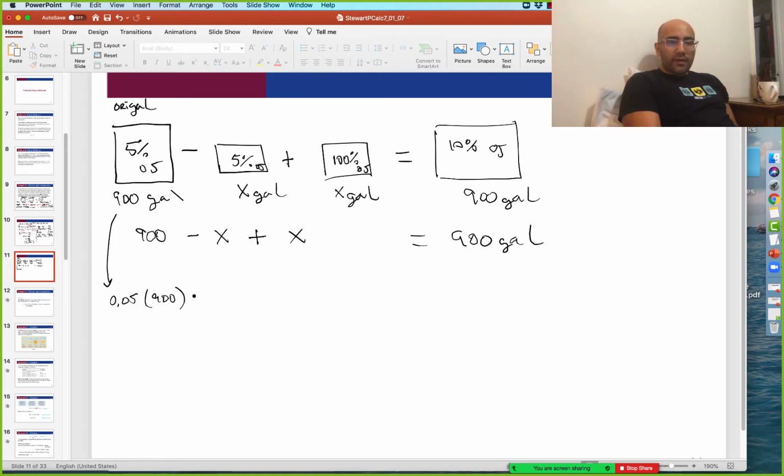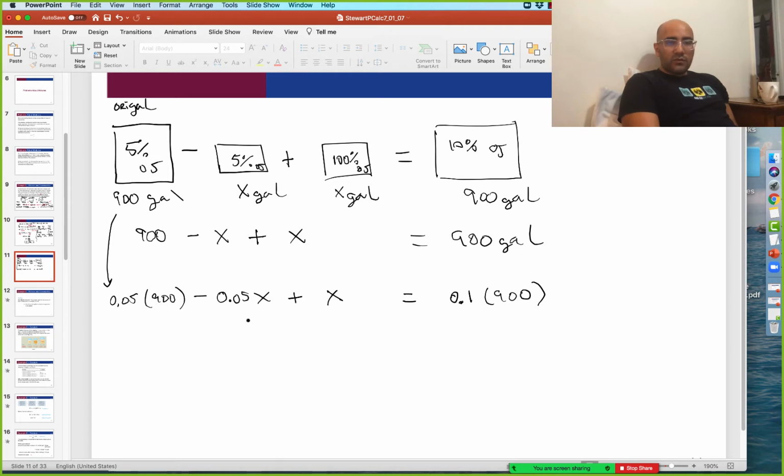Then we're going to subtract X gallons of the 5%, so that would be 0.05 times X. And to it, we're going to add X gallons of 100% orange juice, so that's going to be X. Again, we want the final mixture to be 10% orange juice, so I want this whole thing to be equal to 0.10 times 900, which is 90.